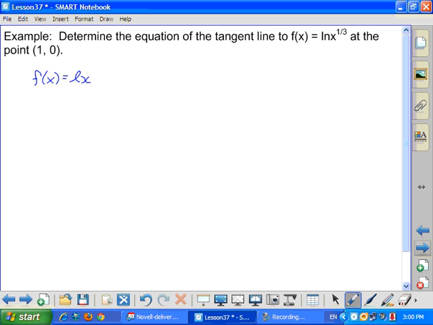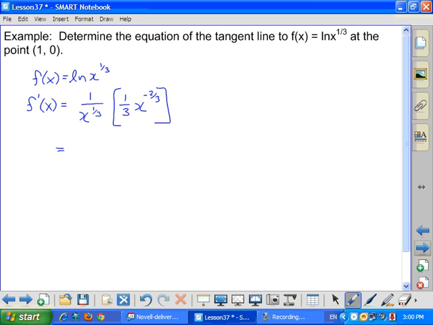So, ln of x to the exponent 1/3, taking the derivative, f prime of x, we would have 1 over the argument multiplied by the derivative of the argument. It's just a power rule. So 1/3 x to the negative 2/3.